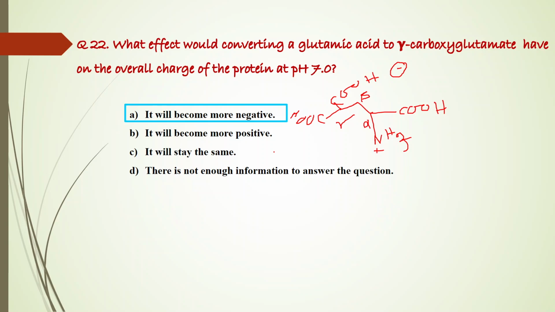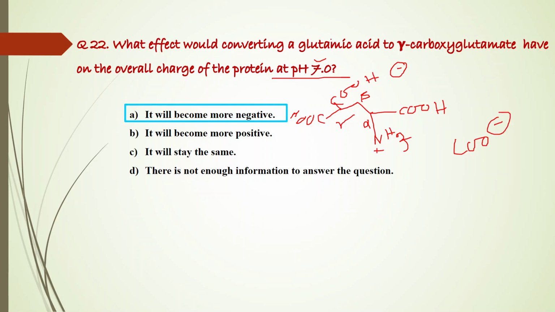value we can say. But in our case, this gamma carboxyglutamate is at pH 7, which is a neutral pH. So under that condition, these COOH groups will not remain protonated. They will remain as COO minus.